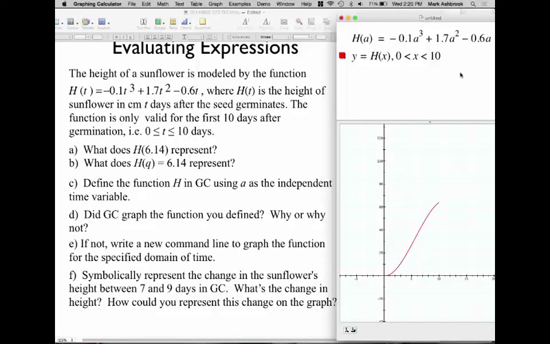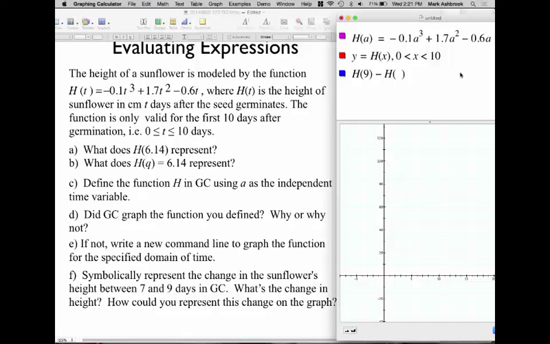Okay, so now I want to represent the change in the sunflower's height from between 7 and 9 days symbolically. So how much did the sunflower's height change between 7 and 9 days? You practiced this for your homework, right? H of what? 9? Look at that. H of 9 just told me what the sunflower's height is after 9 days, 59.4, minus H of 7.